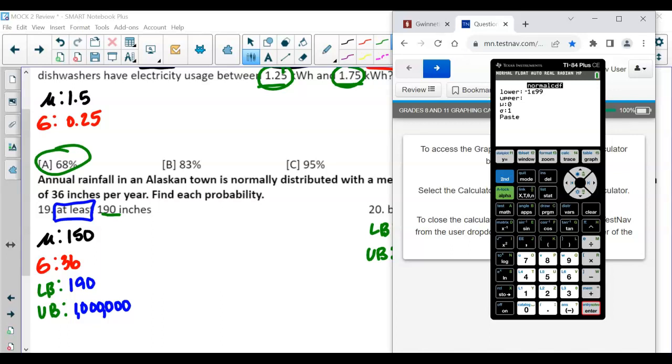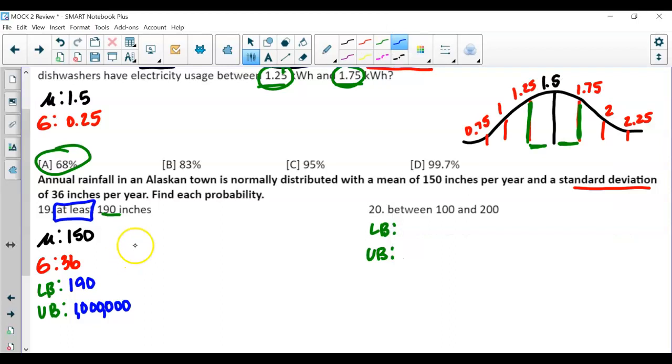Now we put in our lower bound, 190, the upper bound, 1 million, then our mean, 150, standard deviation of 36. So this is the probability, 0.133. That is the probability of getting at least 190 inches of rain.